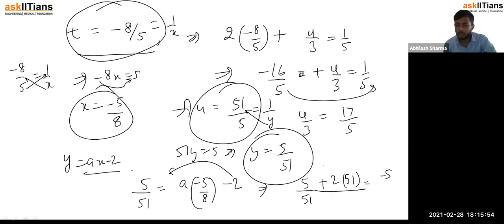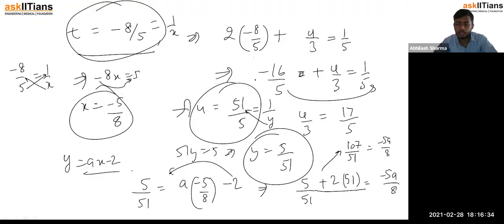Equal to minus 5a by 8. So what are we getting then? This becomes 107 by 51 equal to minus 5a by 8. So finally, what are we getting?